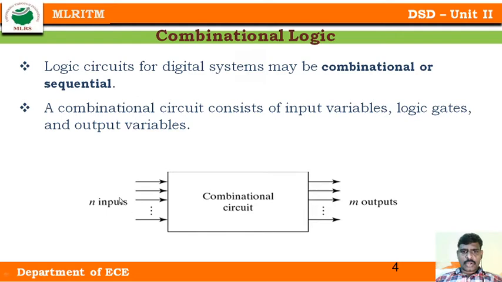The input and output combinations depend on the type of combinational circuit we are going to design, which differs in the number of inputs and outputs. It is going to perform a particular function, a particular task that gives an output depending upon the inputs.